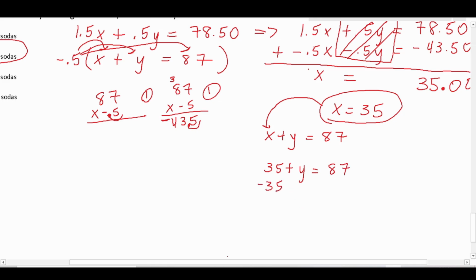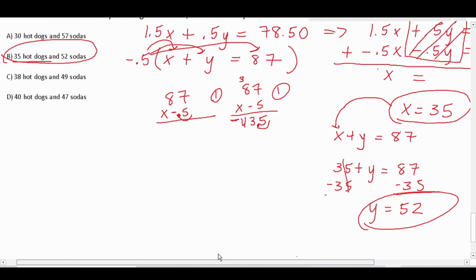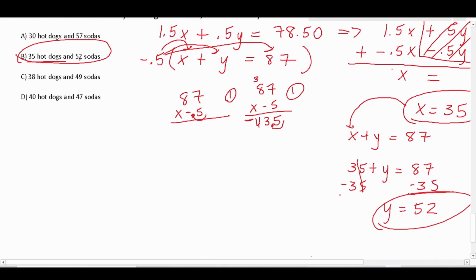Subtract 35 from both sides to give you y by itself on this side. 87 minus 35, 7 minus 5 is 2. 8 minus 3 is 5. So we can see y is 52. y refers to the number of sodas sold, and as we can see, that is correct in this answer as well. Okay, so that was this one.